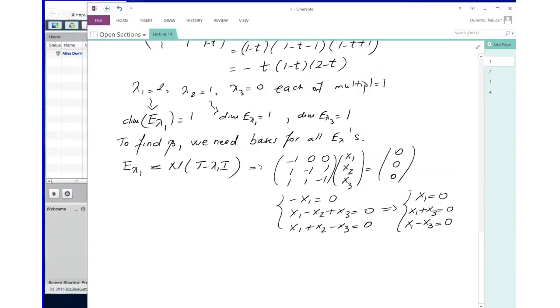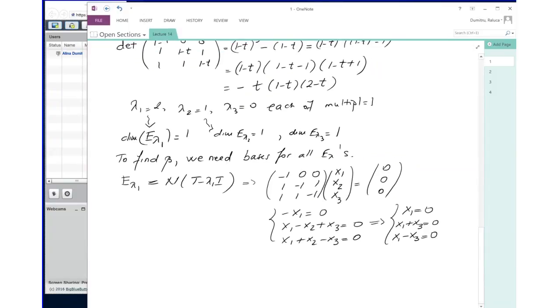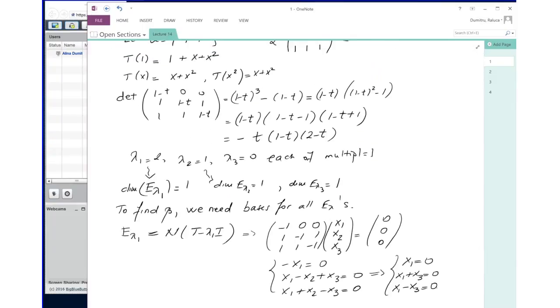and something is not right. Why not? Because it's 1 minus t squared minus 1 squared, like a squared minus b squared is a minus b times a plus b.